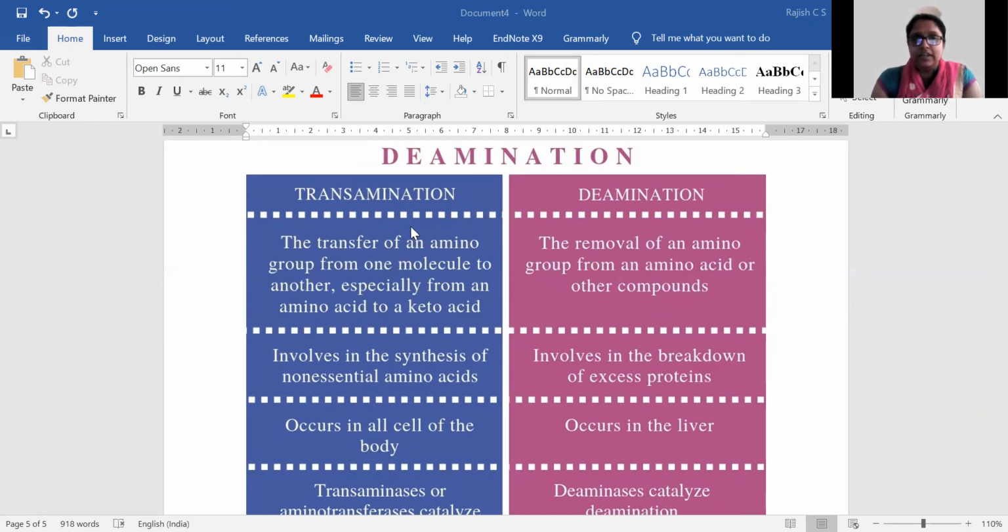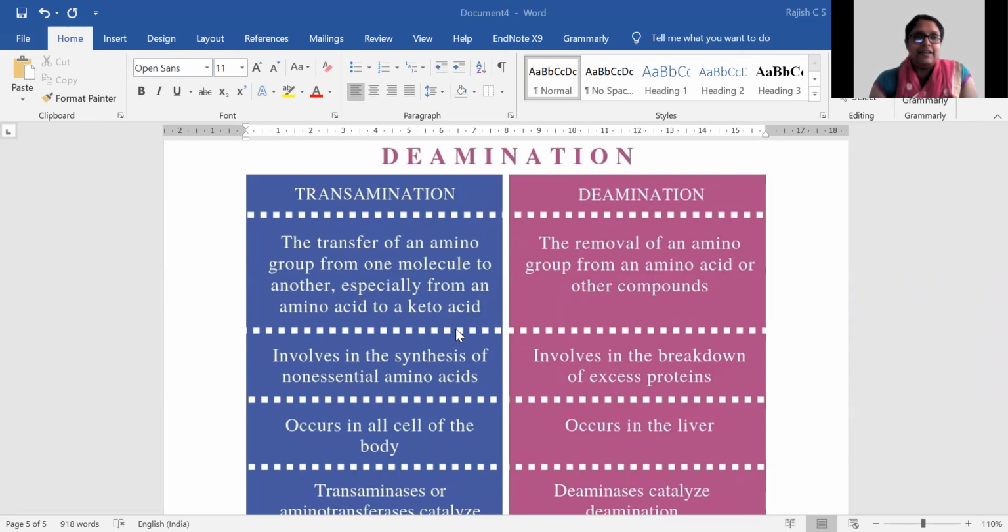Here there are two sets of molecules involved. It could be either one glutamate and one alpha ketoglutarate, but that very rarely happens. I mean, why would one glutamate be transaminated to form another glutamate?